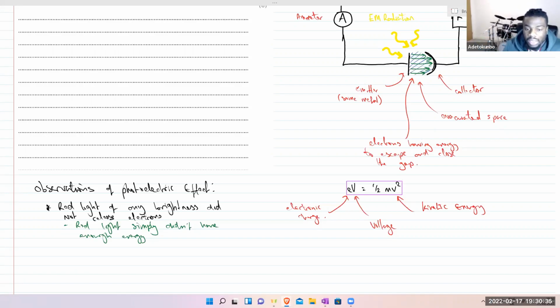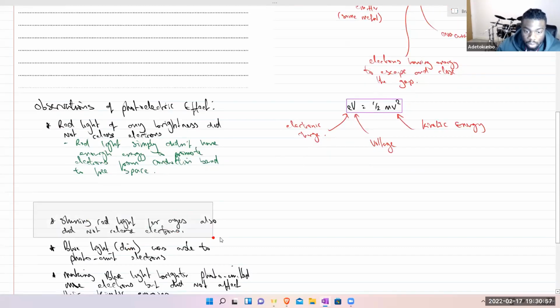So red light simply didn't have enough energy to promote electrons from conduction band to free space. Okay, that's number one.